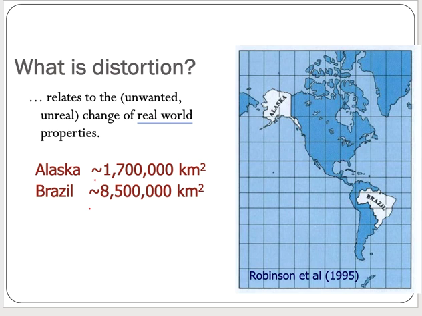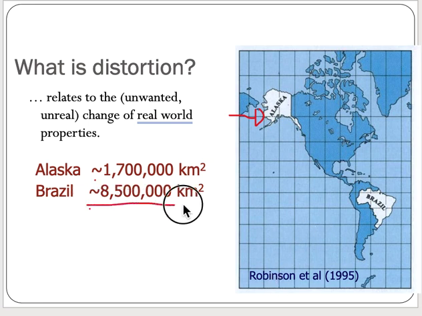So, this is the Robinson map projection, and we can see here, I'm going to draw, we can see that Alaska is similar in size to Brazil. And Brazil in actuality is 7 times larger than Alaska.